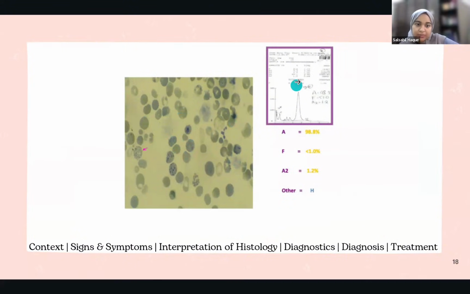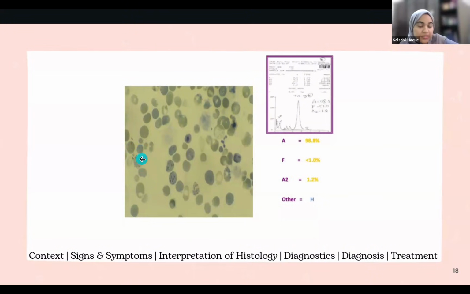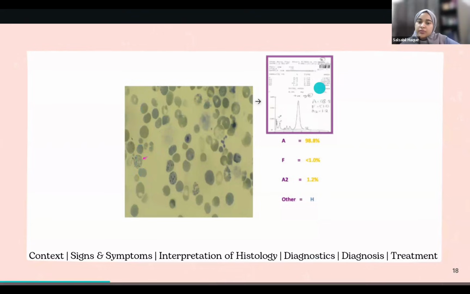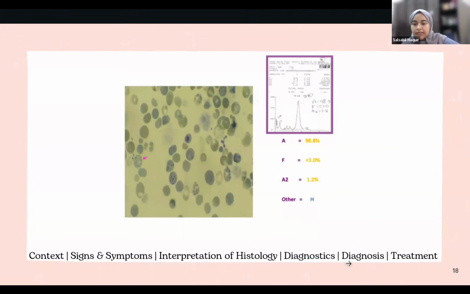This is going to be a supravital stain, and this appearance, can anyone tell me? It is a golf ball appearance. This is seen with hemoglobin H disease, which is a type of alpha thalassemia. Diagnostics again is going to be liquid chromatography and hemoglobin electrophoresis, and treatment is going to be similar to beta thalassemia.